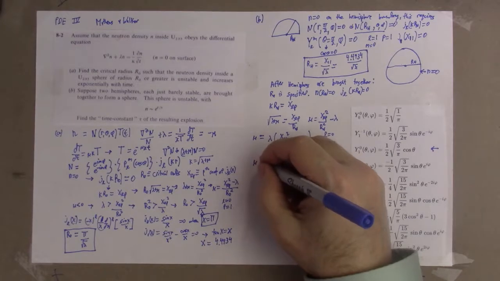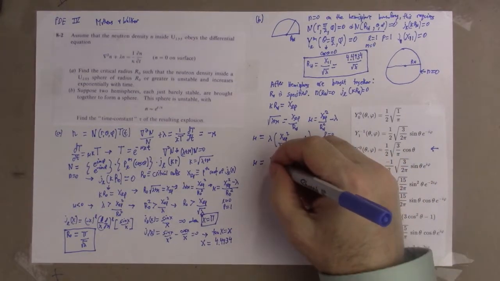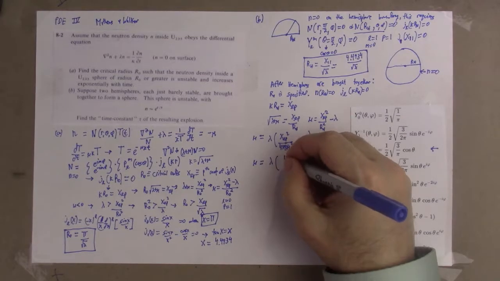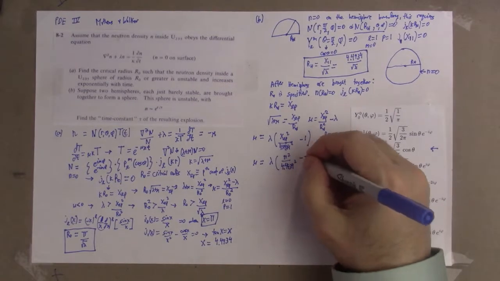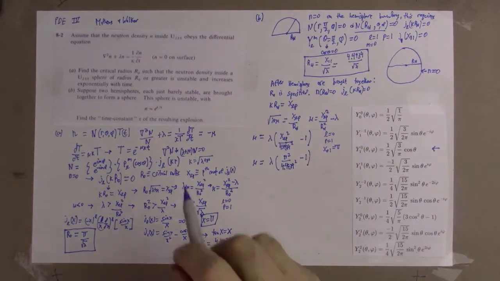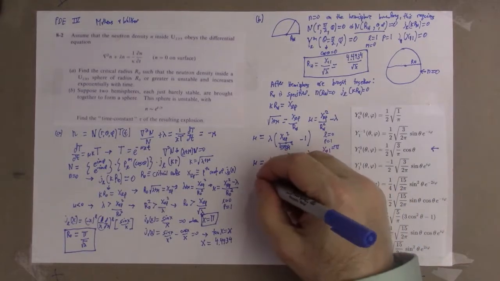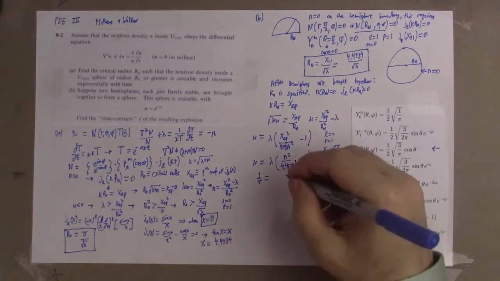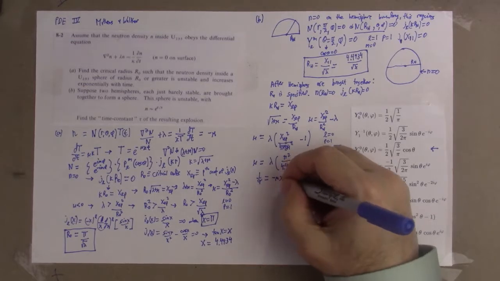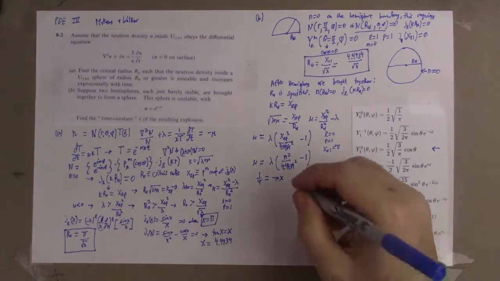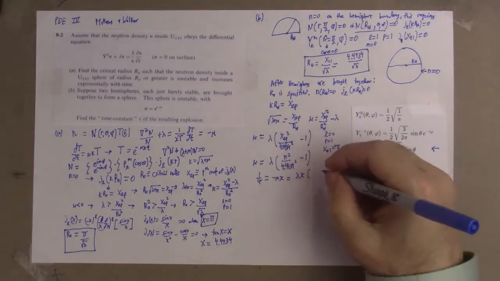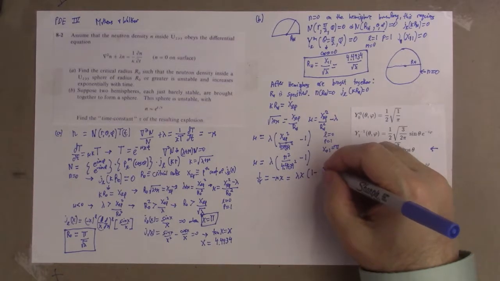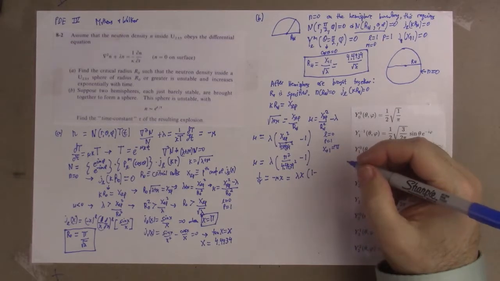So I have mu is equal to lambda times pi squared over 4.4934 squared, minus 1. And for the time constant tau, we see that 1 over tau is equal to minus mu kappa from there. And this is equal to lambda kappa, I'm going to put the negative sign reversing this, 1 minus... I'm not sure I did the arithmetic right here.